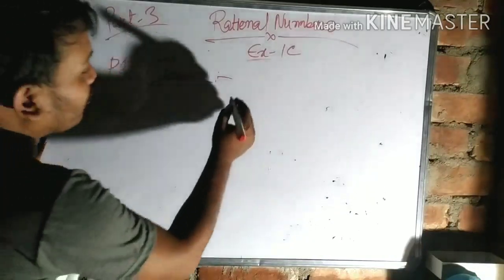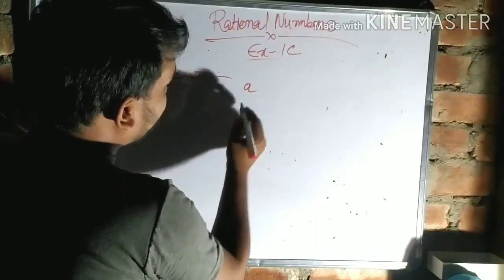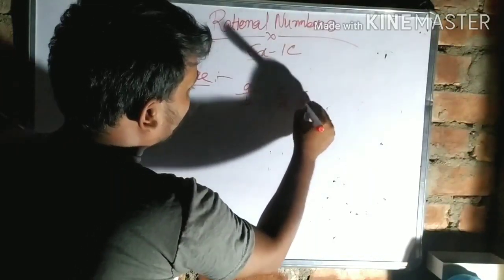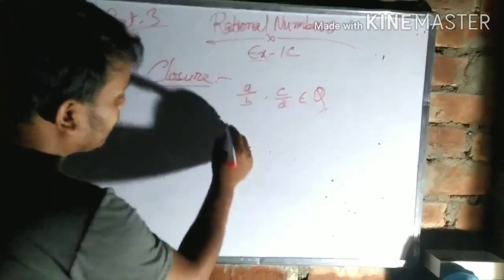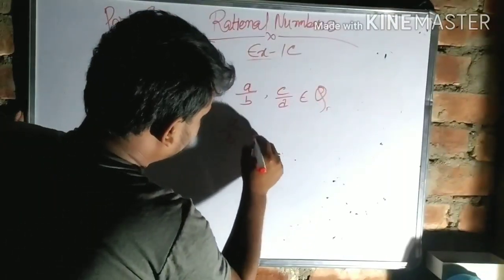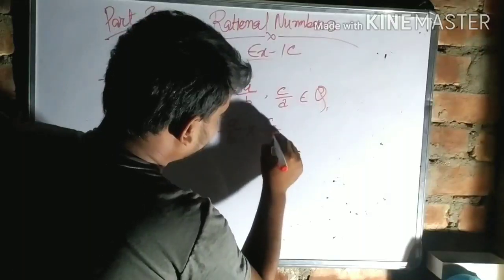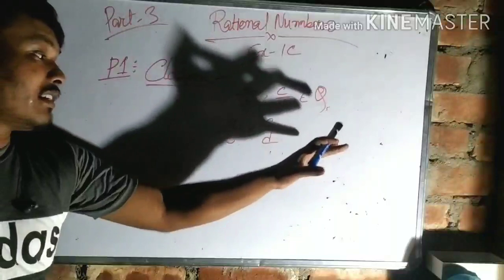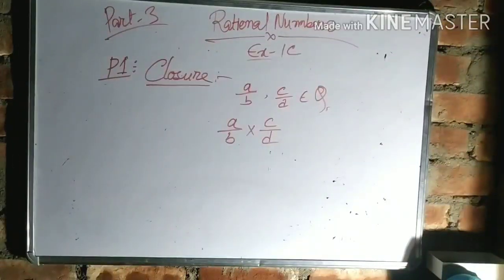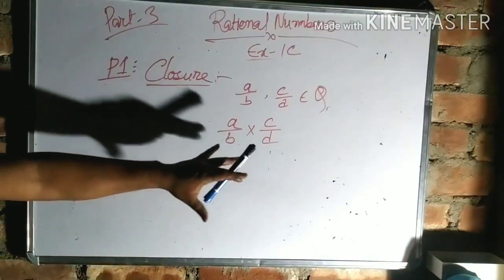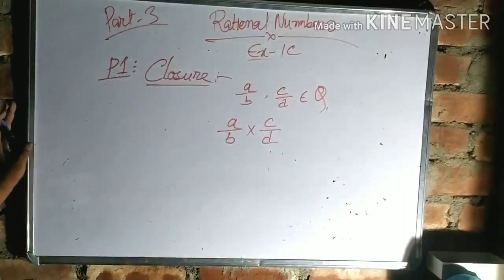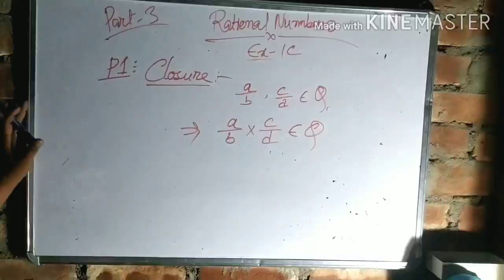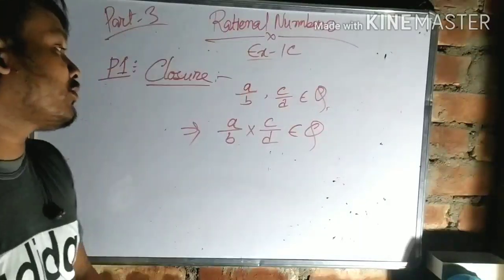If we take any two rational numbers, a by b and c by d, is the multiplication result a rational number? Yes, the result is also a rational number. So this property is called closure property.